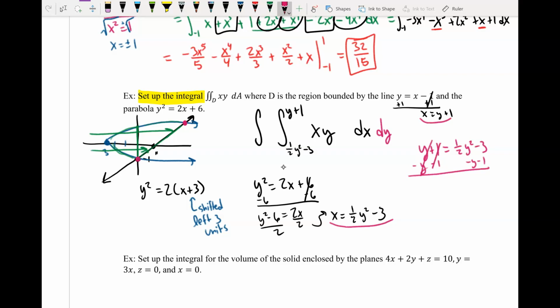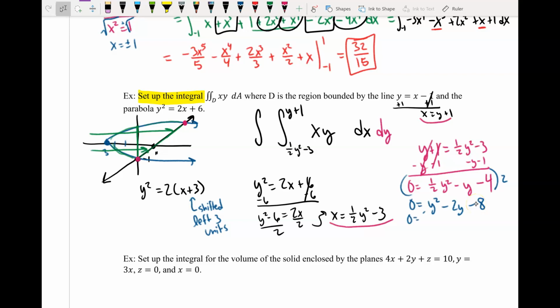So you get 0 is equal to 1/2 y squared minus y minus 4. Now I'm going to multiply everything by 2. So you get 0 equals y squared minus 2y minus 8. That seems a lot easier to work with as opposed to the 1/2.